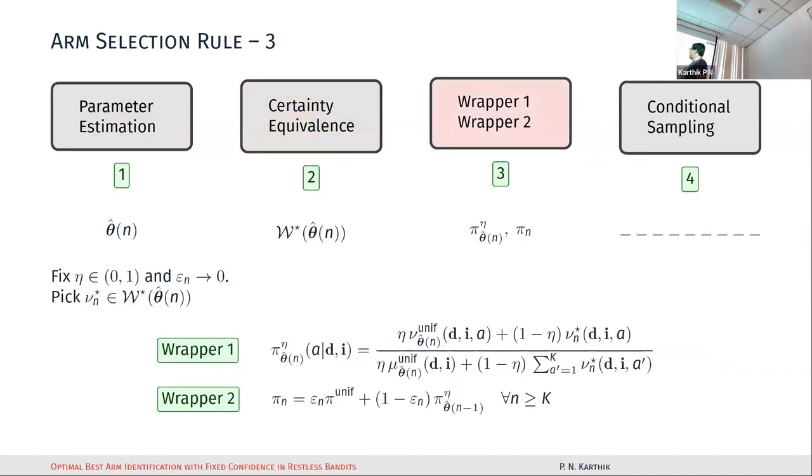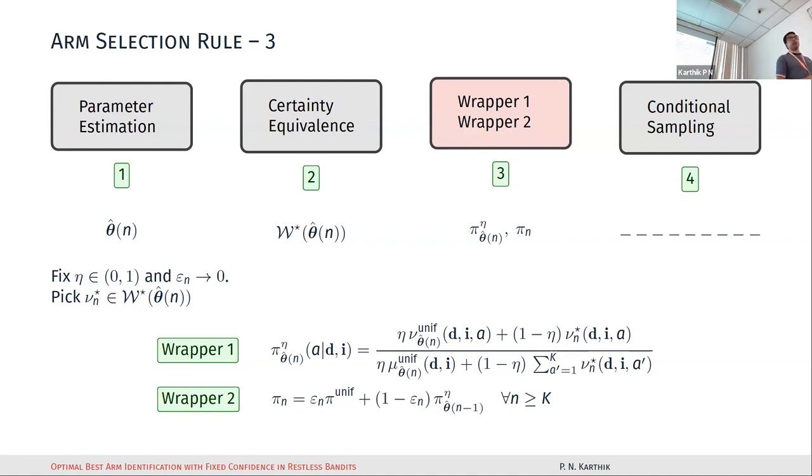Then what we do is, you take any element from this. What is that element? That element is a joint distribution on DIA. From that, we have to generate a policy. A policy is an element of the form A given DI. If you pick any nu from W star of theta hat n, nu n star, let's say, is an element of the form nu n star of DIA, for various DIA.